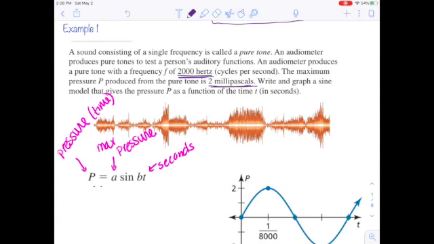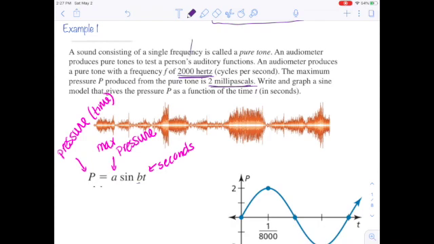We're going to write and graph a sine model that gives us the pressure P as a function of time in seconds. So we go to our sine function. We've got pressure as it relates to time, our variable P, equal to A, the maximum pressure, which we know is our amplitude, multiplied by sine of b times t, where we're going to have to solve for b. We don't know our b value, and t is in seconds.